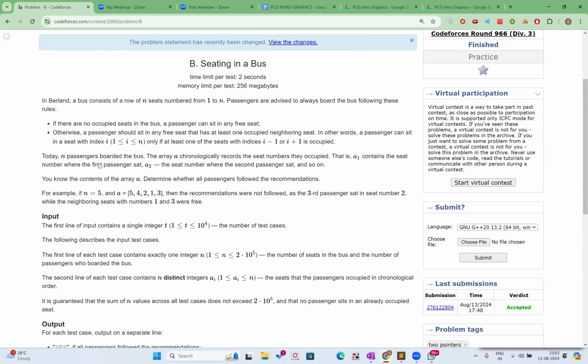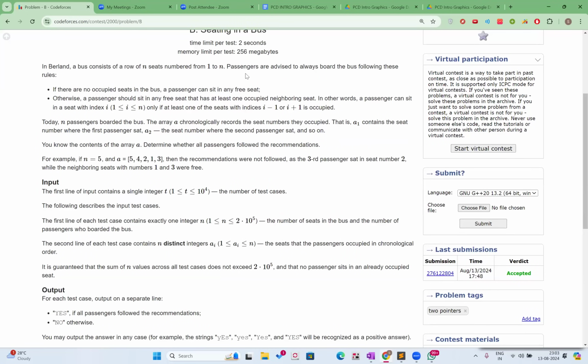The next question is saying there is a bus consisting of n seats, numbered from 1 to n, and the passengers are advised to sit in a specific order, following a specific algorithm. So what is the algorithm?